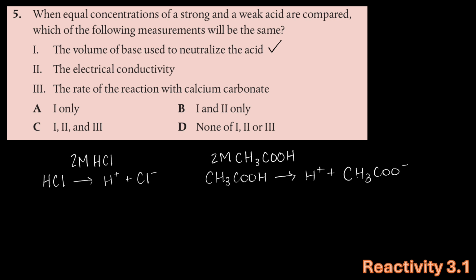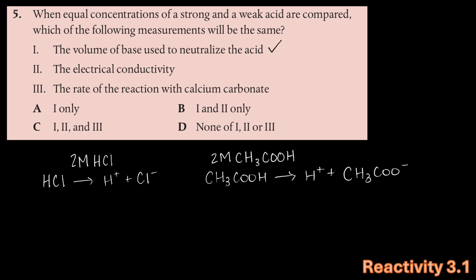Meaning, when you have a strong acid, you dissolve it in water, it is going to become your H plus and your Cl minus, in this case, if we're talking about hydrochloric acid. So all of your acid, your HCl, is going to turn into those ions. Now for a weak acid, not all of the weak acid is going to turn into those ions. Not all of them are going to dissociate.